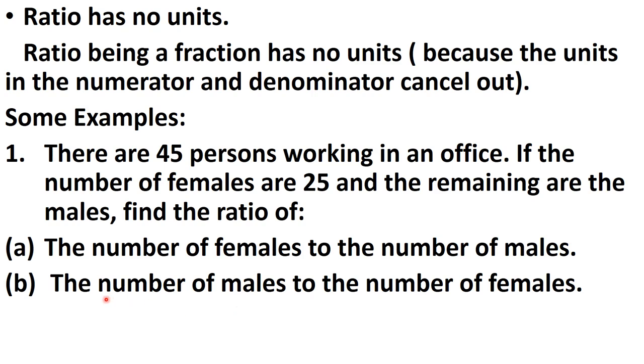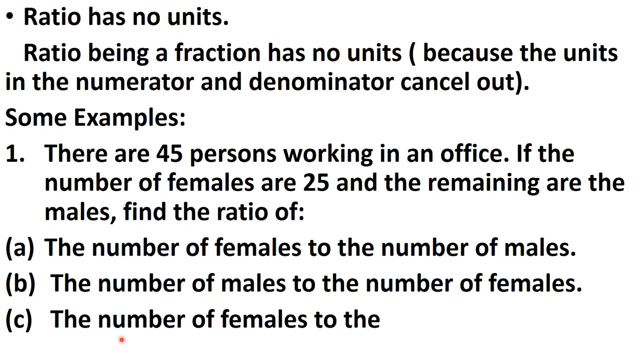But in part B, number of males is the first term and number of females is the second term. As I have told you, order matters. Whatever is asked first, you have to write down first. And the third ratio that you need to find is the number of females to the total number of workers. Let's see the solution now.